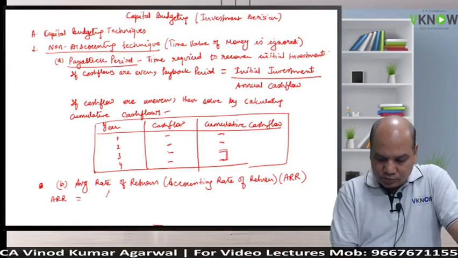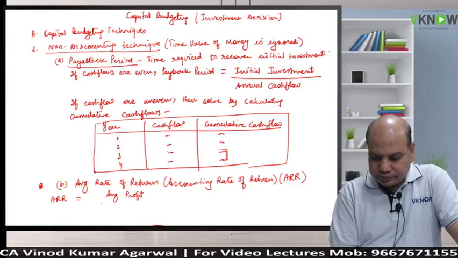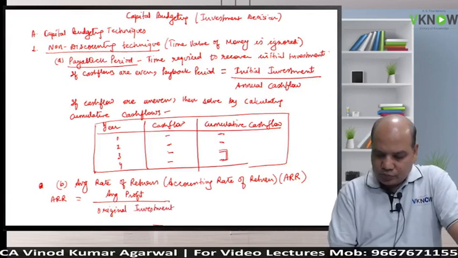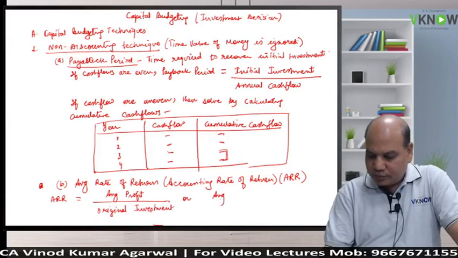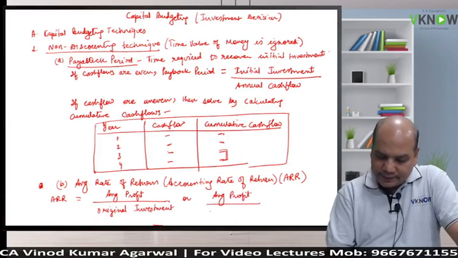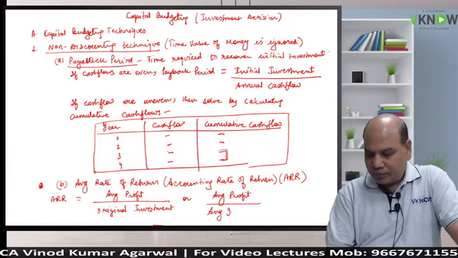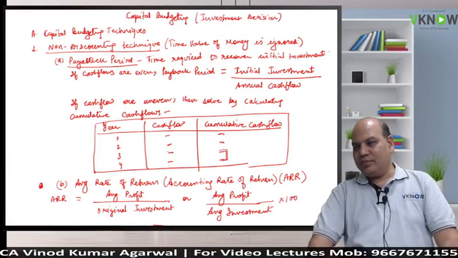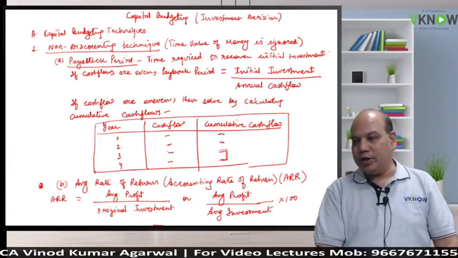ARR is equal to average profit divided by original investment, or average profit divided by average investment into 100. So this will give you rate of return in percentage.